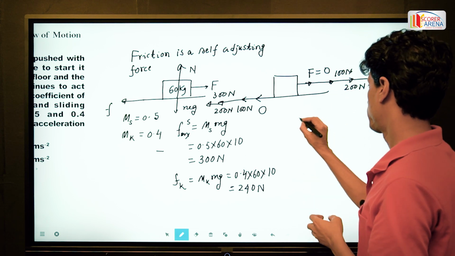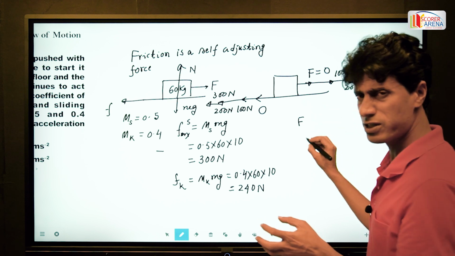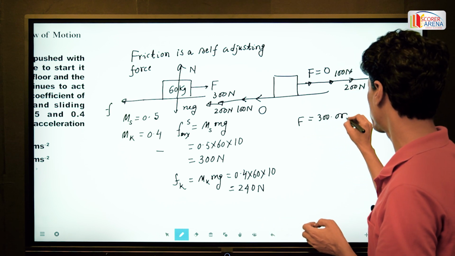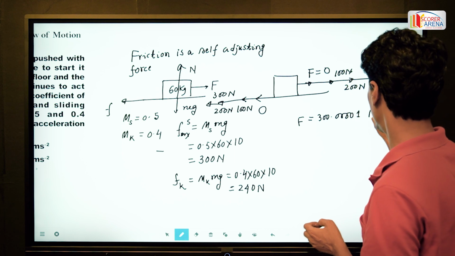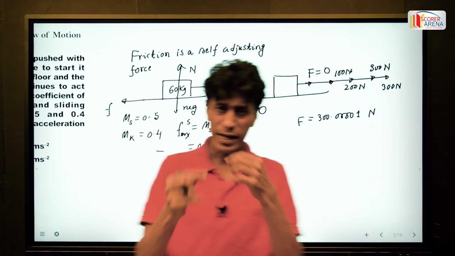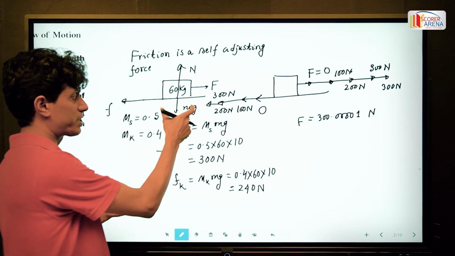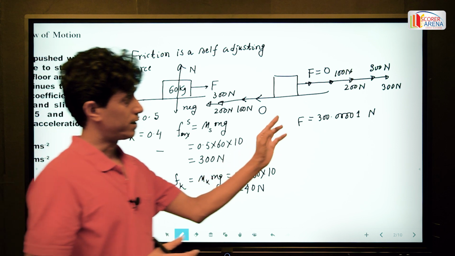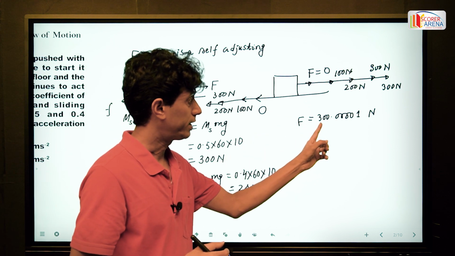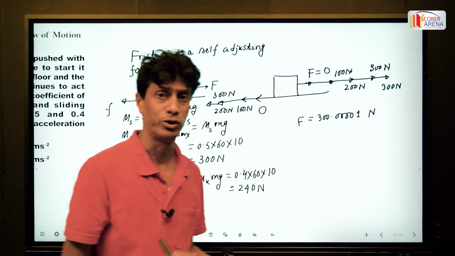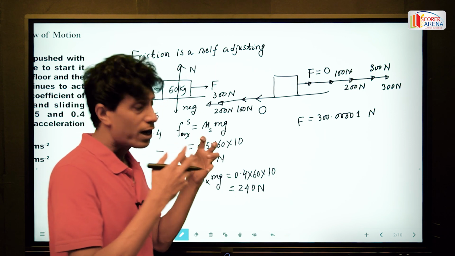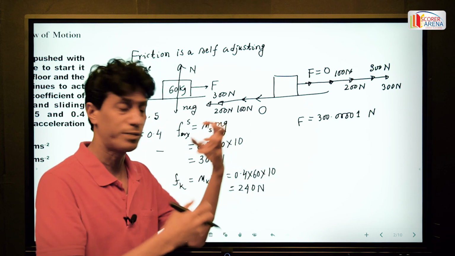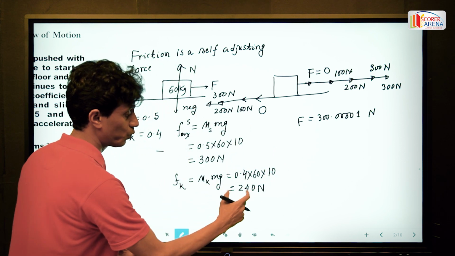If this force is, let us say, 300.00001 Newton, slightly greater than the maximum static friction, which is 300, the body starts moving. When the body just starts moving, the friction becomes kinetic and this becomes 240 Newton.